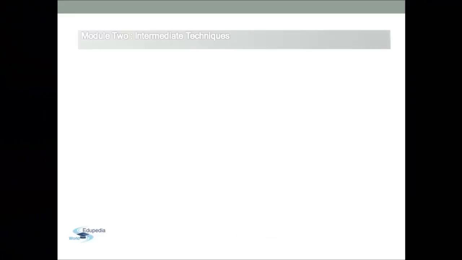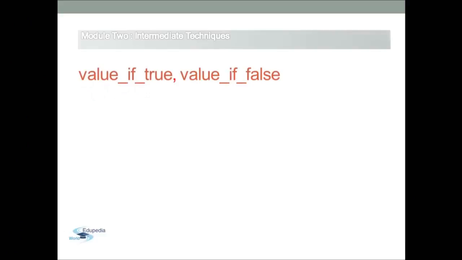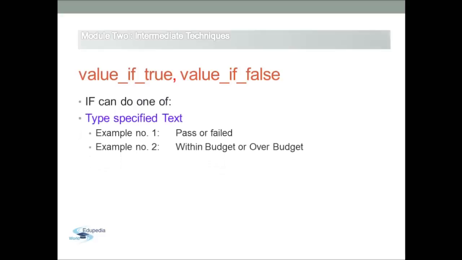And to be more involved in the value if true and value if false sections, in the previous 2 examples, we made Excel type a specified text in both arguments. For the first example, we made Excel type passed or failed for the students, and in the second example, I made Excel type over budget or within budget.